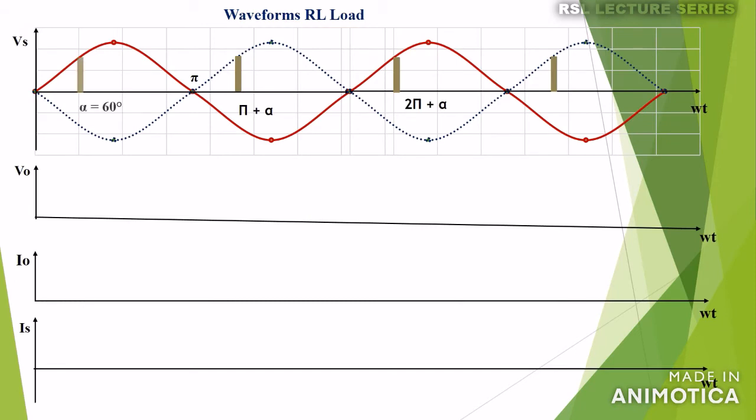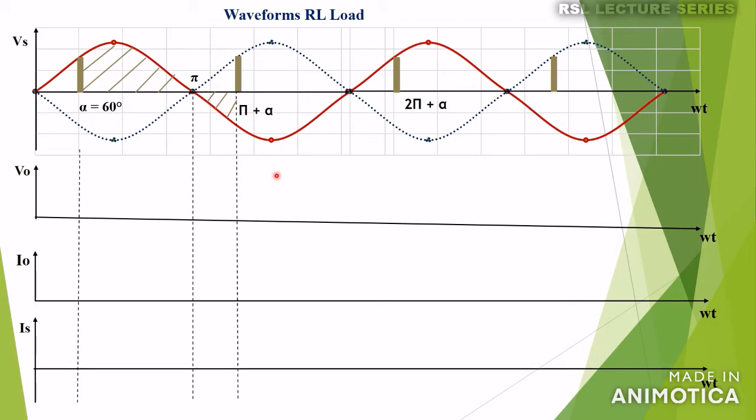As we have discussed earlier, we are triggering the thyristors T1 and T2 at omega t is equal to alpha. Here I have taken the example of alpha equal to 60 degrees. At 60 degrees these two thyristors are triggered. Once triggered, this shaded portion of the supply voltage, including the negative portion, appears across the load.